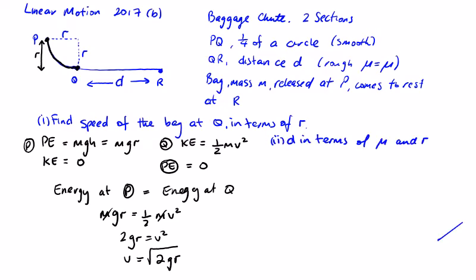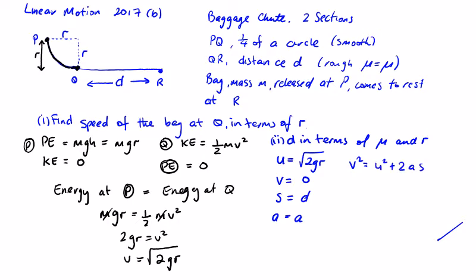Part 2, find d in terms of mu and r. Okay, well, we need to get acceleration here. We have the speed at Q, which is the square root of 2gr. The speed at R, it comes to rest. We have my distance, we're told it's d. So I can get a here. Let's just call it a. So the equation you're going to use is v squared is equal to u squared plus 2as.